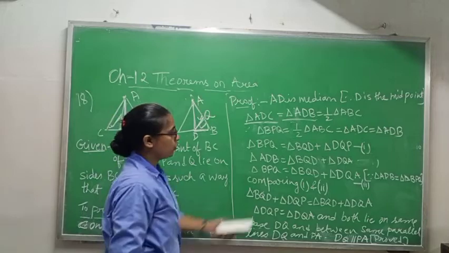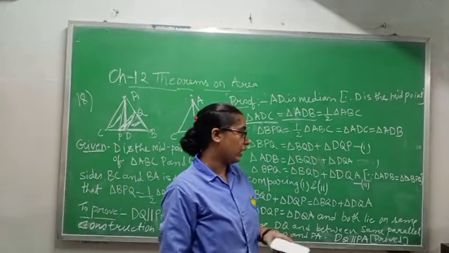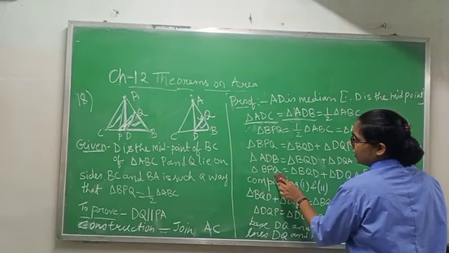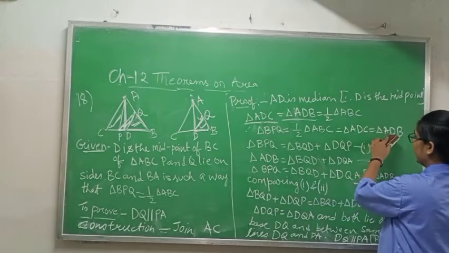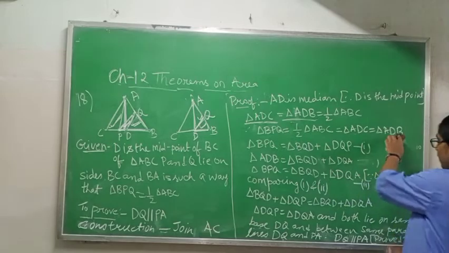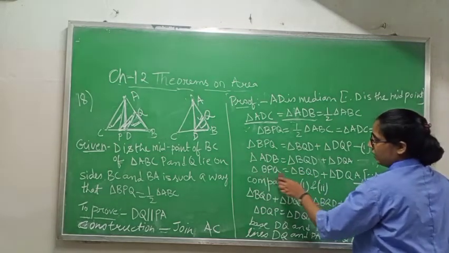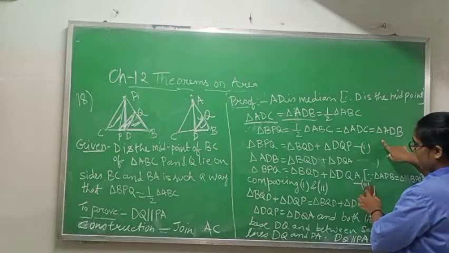So ADB equals BQD plus DQA. Now in place of ADB I can write BPQ. Why? Because BPQ and ADB both are equal. From here I have written the reason also that triangle ADB is equal to triangle BPQ. So in place of ADB I am writing BPQ. Now I am naming this equation 2.